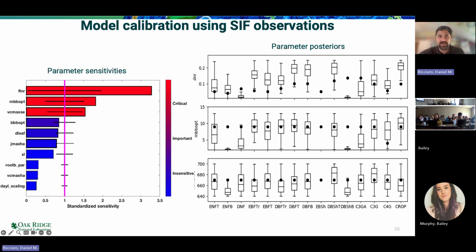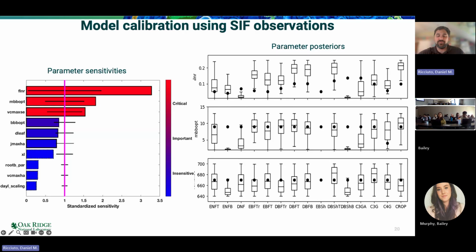And then we can look at what the sensitivities are as well. Similar to what I showed before on the top, FLNR and MBB op are the dominant parameters. The model outputs are really sensitive to those, and then some of the more insensitive ones show up at the bottom. And here now we have plant functional type level parameter posteriors, on the top for FLNR.